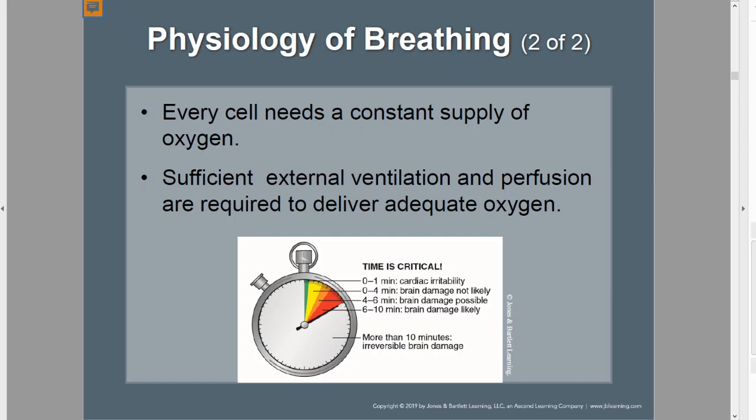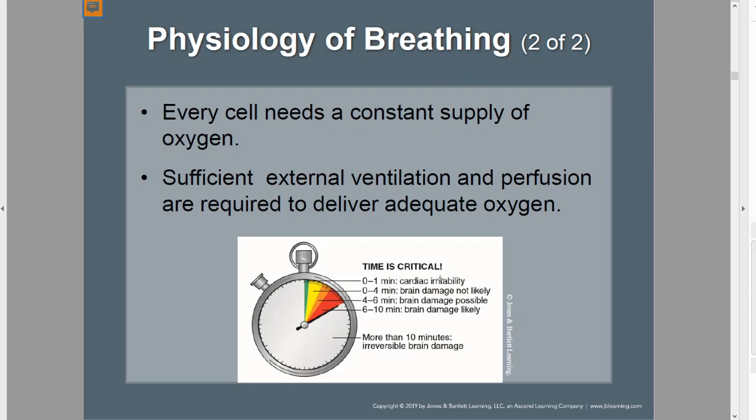Every cell needs a constant supply of oxygen. We know this, right? But it's time critical, and these are some times that are important to understand. 0 to 1 minute of poor gas exchange could lead to cardiac irritability.